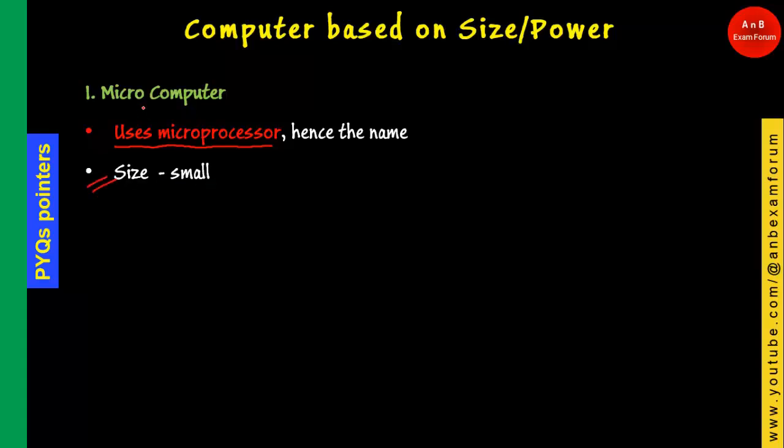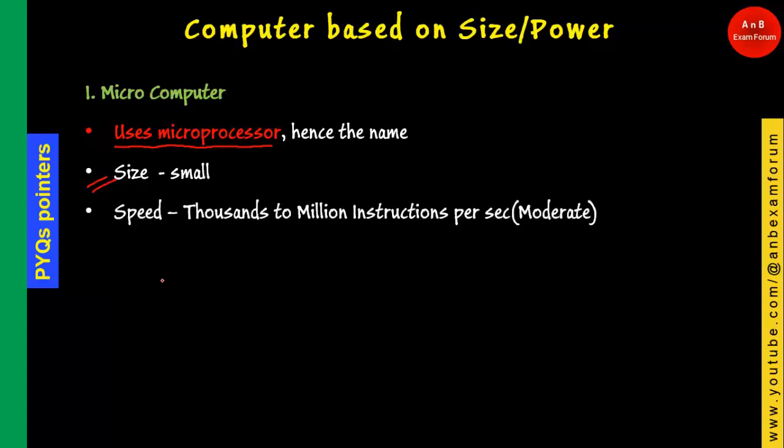Okay, and if you talk about speed, it can do tasks or instructions from thousands to millions of instructions per second. What does this mean? If you have 1,000 to 100 million instructions, it can execute them in 1 second. Okay, the speed is huge. But it is not sufficient if you require a lot of calculation like a supercomputer, that would not be sufficient. It would take more time to produce the result.